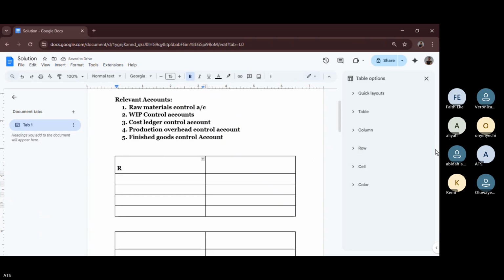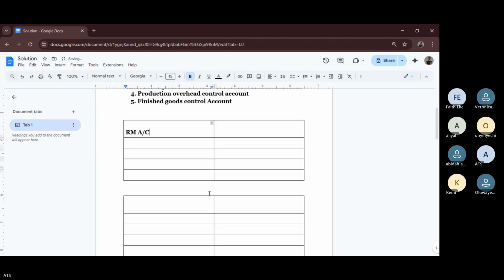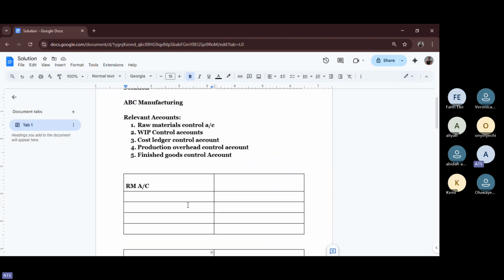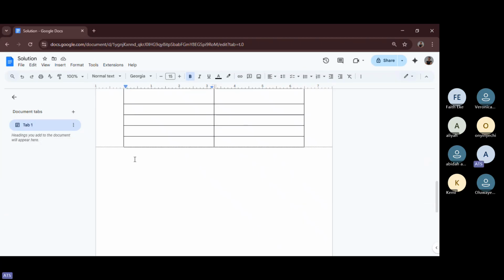Just call it that. Did we make a ledger for wages? No, we did not talk about wages. Yes, we need to create one for wages also.